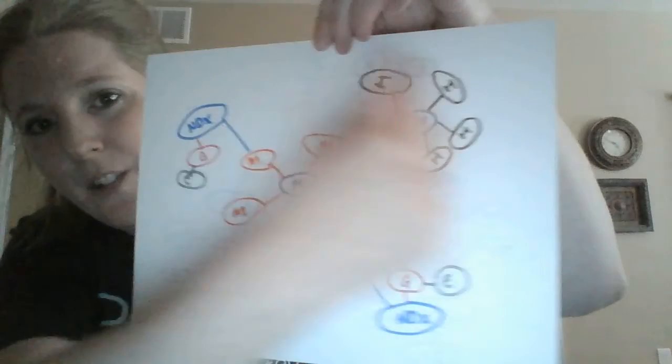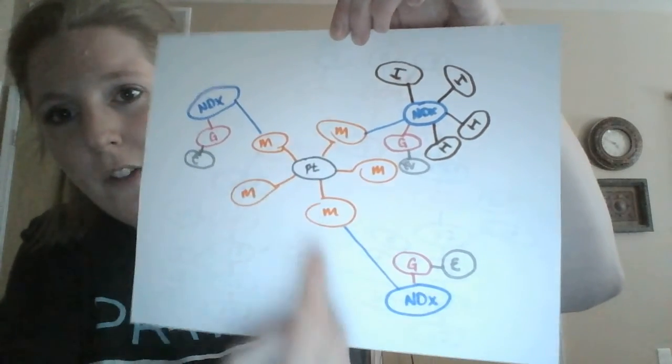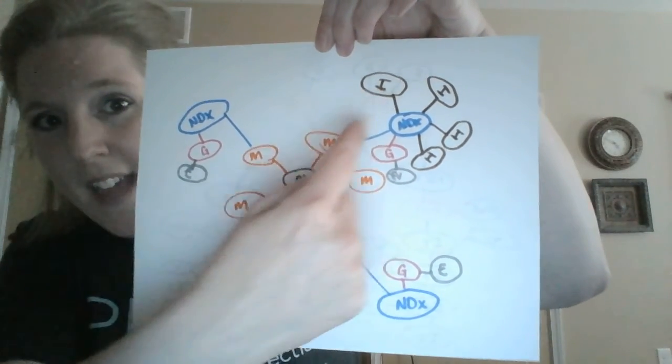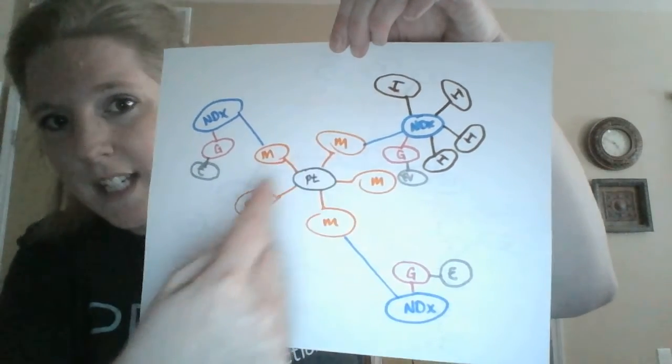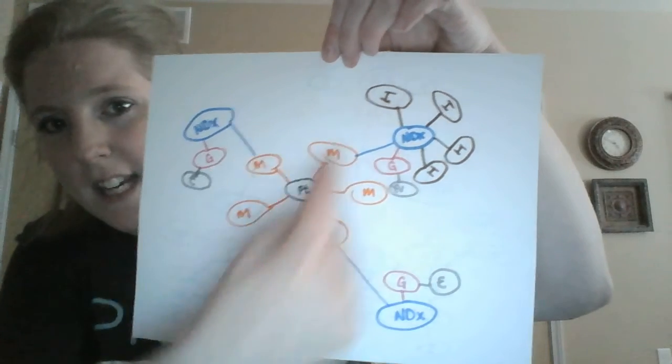Now I can go in and I can start adding in all of my assessment data, and they can cross-connect between nursing diagnoses, between medical diagnoses. You can start adding all of these data points off of your interventions.